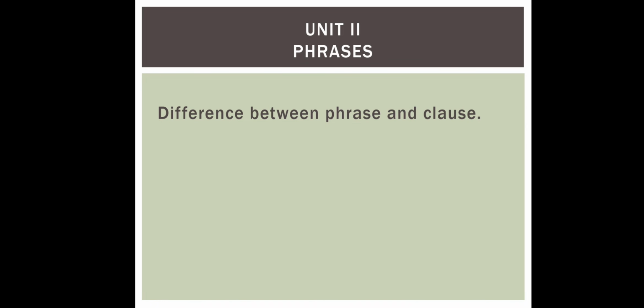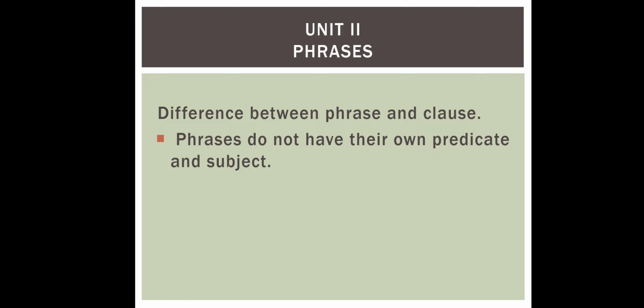And as I just told you, there is a hierarchy of units in English grammar, and sentences are made up of clauses and clauses are made up of phrases. So we must know the difference between a phrase and a clause. So phrases do not have their own predicator and subject.